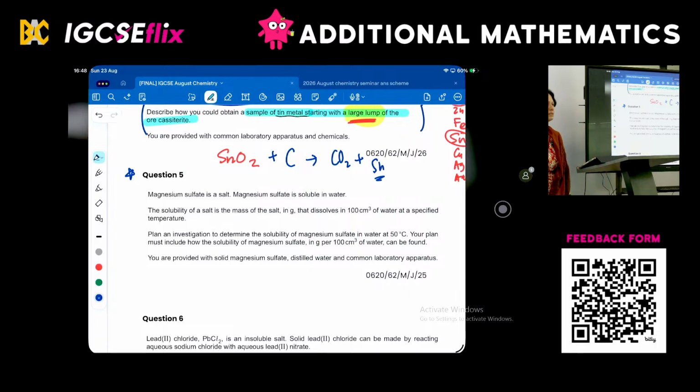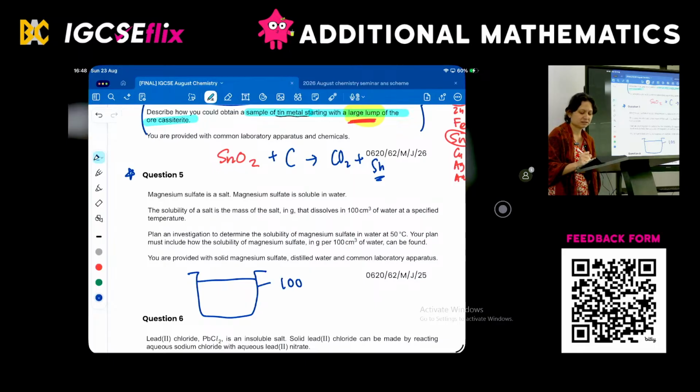Okay, how to do this? So obviously, you need to use a measuring cylinder to prepare how much water? 100 centimeter cube. You need to know how much magnesium sulfate dissolved at 50 degrees Celsius. So what do you do? Add until it dissolves. Correct or not?